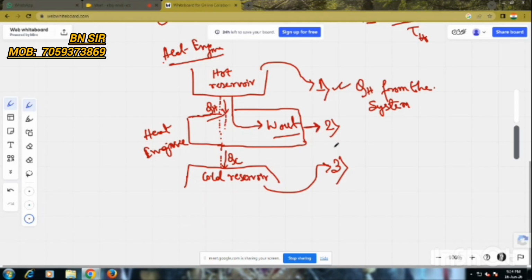And in the second step, what is happening? W work out is performed by the sum of the lost energy during the transformation from the hot reservoir to the cold reservoir.